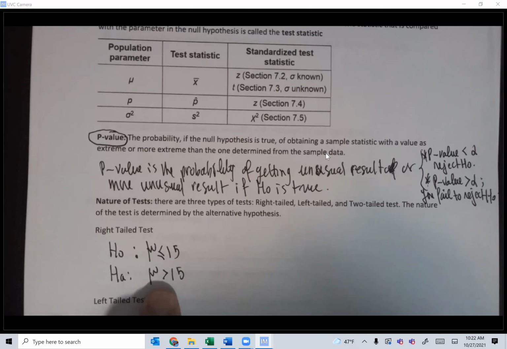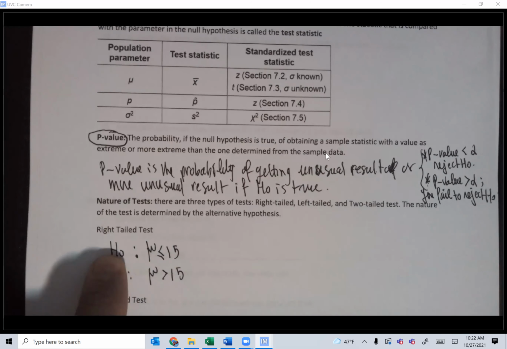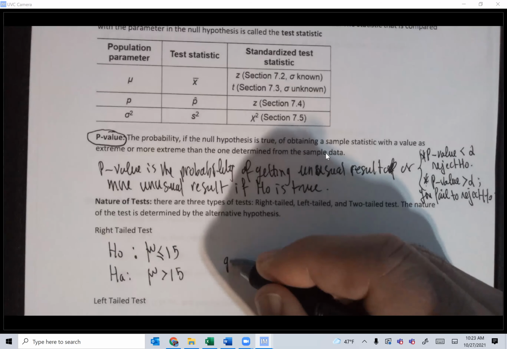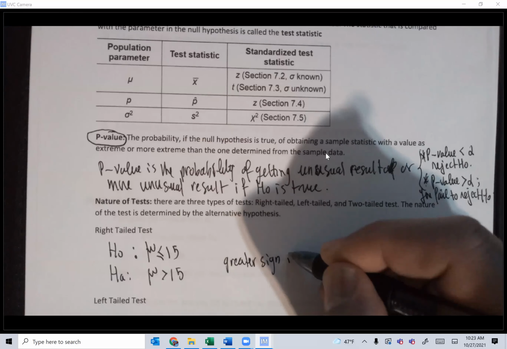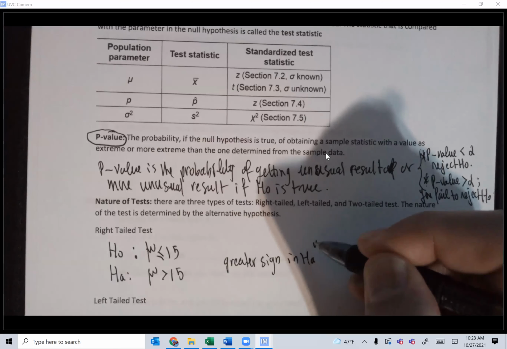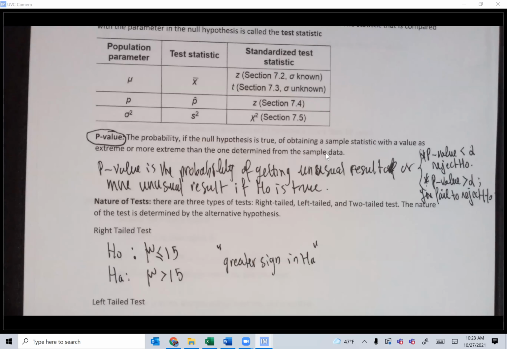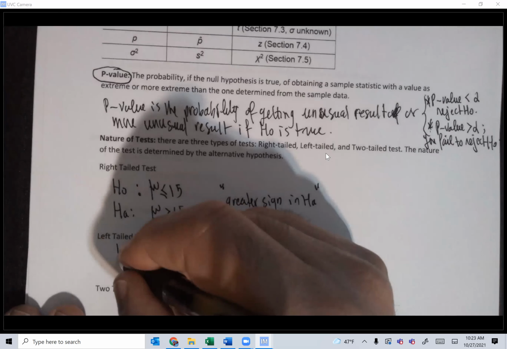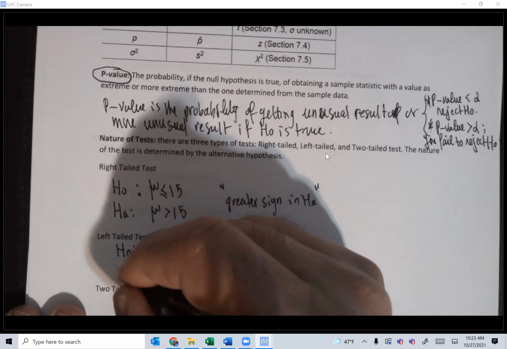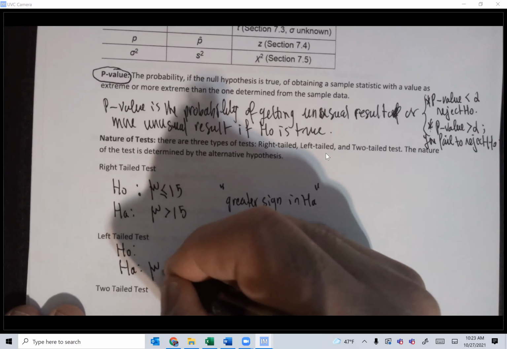So when the alternative sign has a greater than, this is what we call a right tail test. Left tail test, I think, guys, you know what the left tail test is now, when you have a less than sign in HA. That's an example.